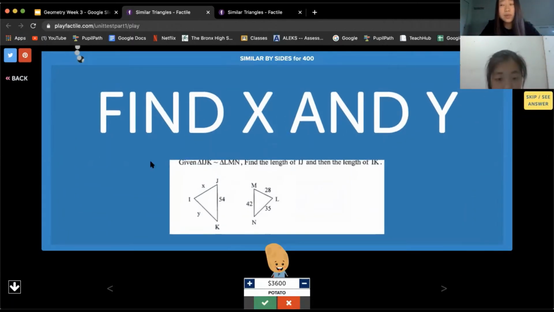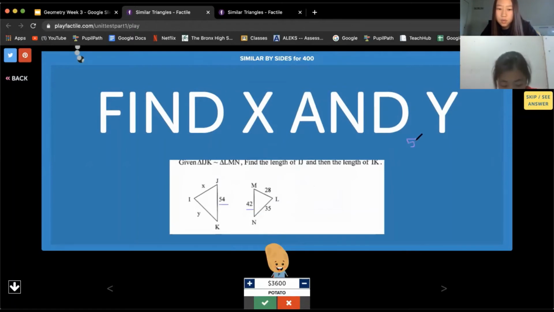So here we have to find two, which is x and y, and in this case, it's nothing hard. It's just the same, but then you have to find another side as well. So in this case, you can see that 54 and 42 are the corresponding sides.